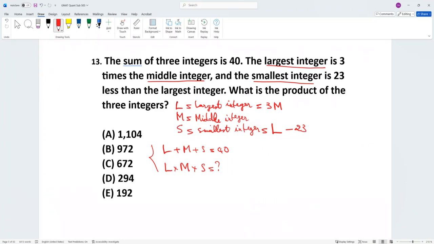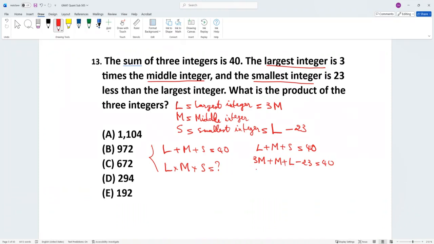We can start by finding the value of the middle integer. Since we have large plus medium plus small equal to 40, and we know that the largest integer is equal to 3 times the middle integer, and the smallest is equal to largest minus 23, equal to 40.